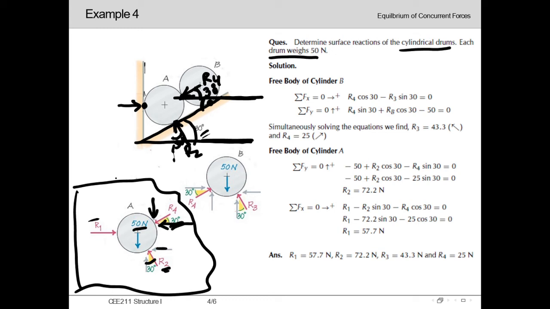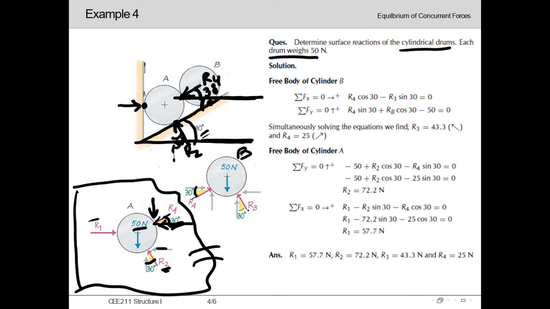Now we can easily complete the free body diagram for drum A, and similarly we can also draw the free body diagram for drum B. Here we have this R4, so this R4 will be acting exactly opposite in free body diagram B. As this angle is 30 degrees, this angle will also be 30 degrees.